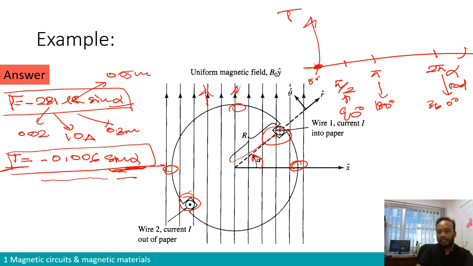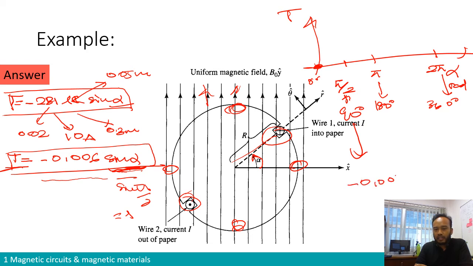If the position is now over here, where we have pi over 2, you will have sin pi over 2, which equals 1, right? So at this position you get the maximum, which is minus 0.006, because sin alpha equals 1. So it will be somewhere over here.